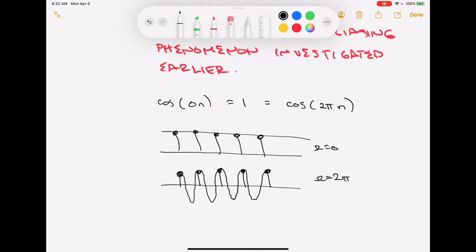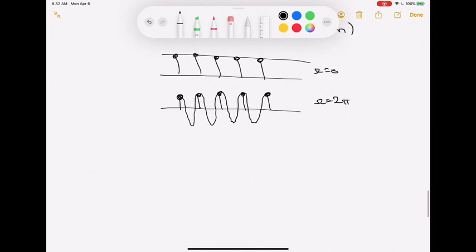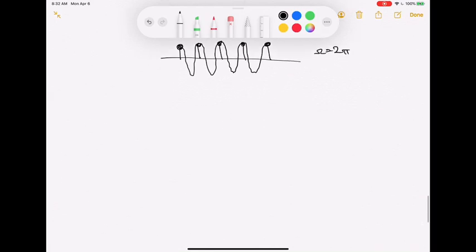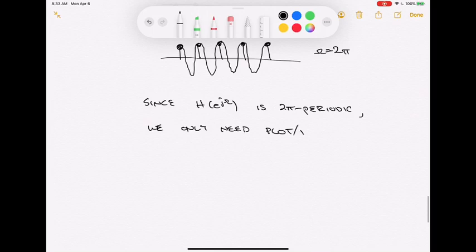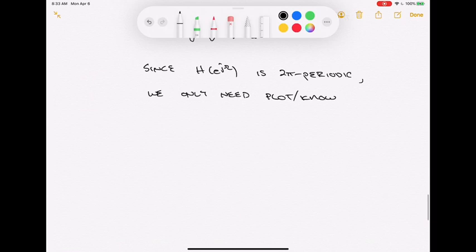One of the nice things about this is that because it's 2 pi periodic, you really only need to plot the frequency response over that 2 pi interval. So since H of e to the j omega is 2 pi periodic, we only need to plot or know the frequency response H of e to the j omega over a 2 pi interval.